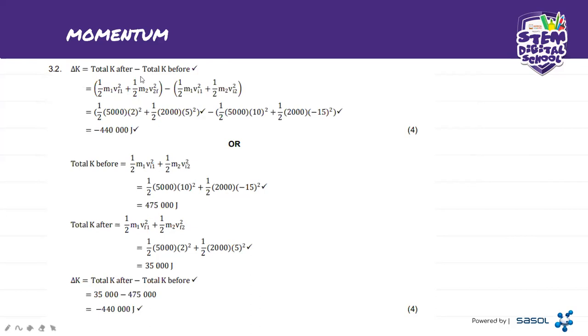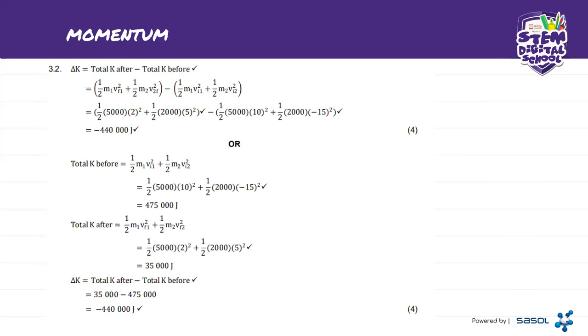Because this is a minus, we're going to once again put our final ones together. We're going to group them again, according to like. So this is the total kinetic energy after minus the total kinetic energy before. We're still on the law of conservation of energy in this case. We're still going to go on revision on more problems on our work, energy and power with kinetic energy.